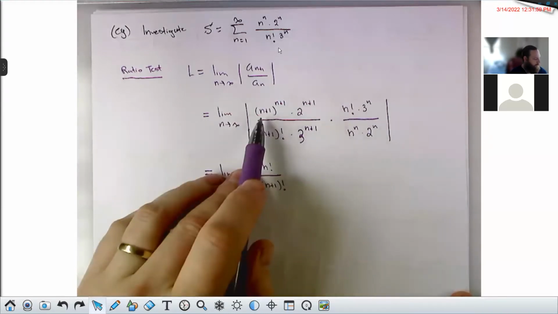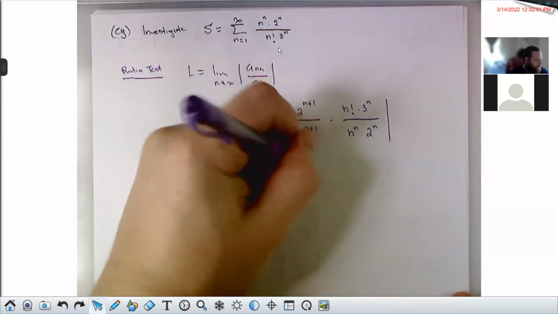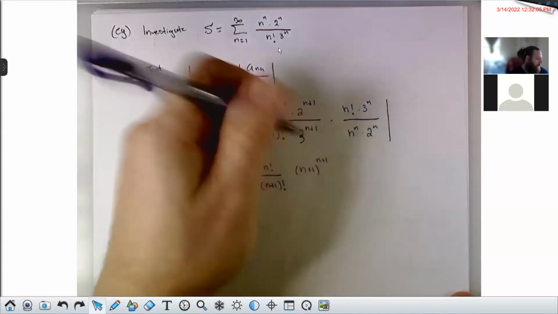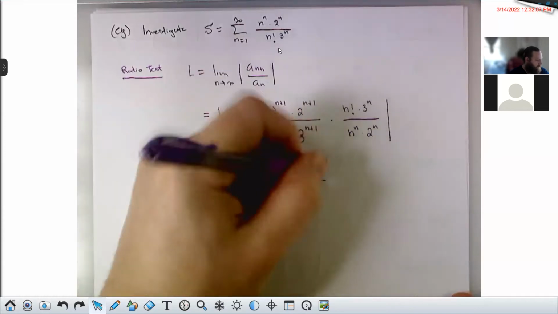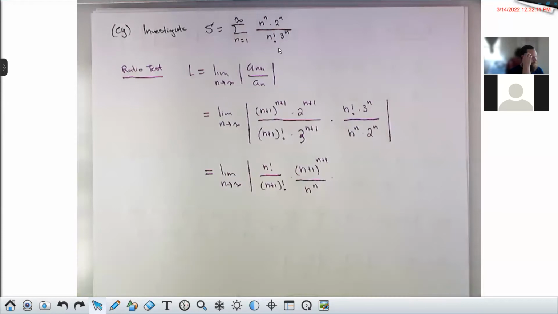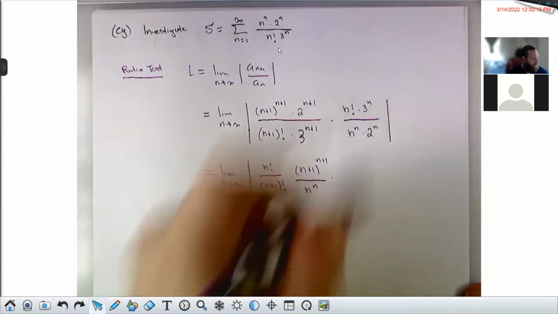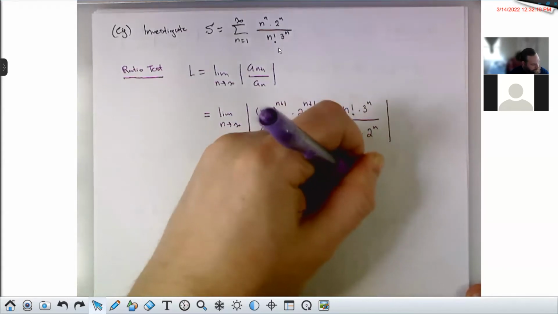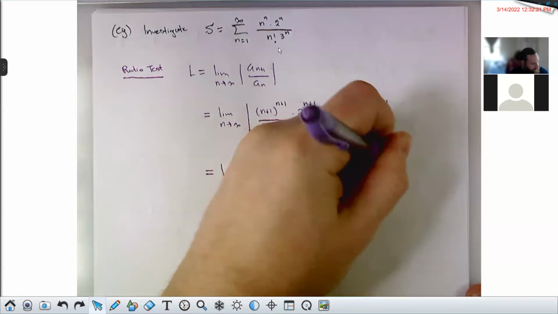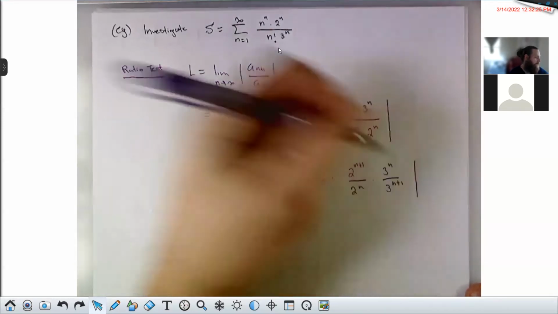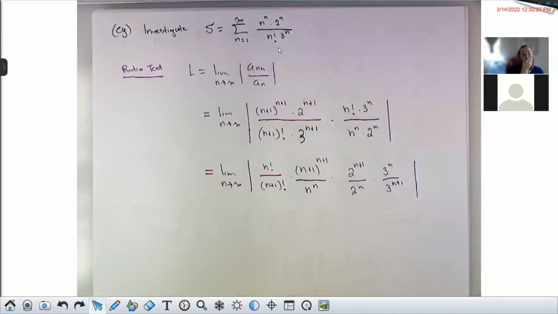There's an n plus 1 to the n plus 1 upstairs, and an n to the n downstairs. Those are the two sort of super exponential pieces. And then there's 2 to the n plus 1 divided by 2 to the n, and 3 to the n divided by 3 to the n plus 1. All of this is in absolute values.